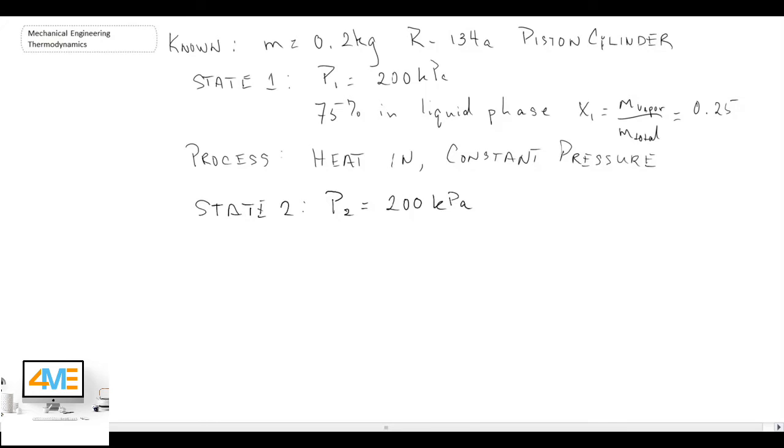We were also told that it was when all of the liquid had turned to vapor, which would imply that we've moved to the saturated vapor line, where the quality at state 2 would then be 1.0. So x2 equals 1.0. What are we asked to find?